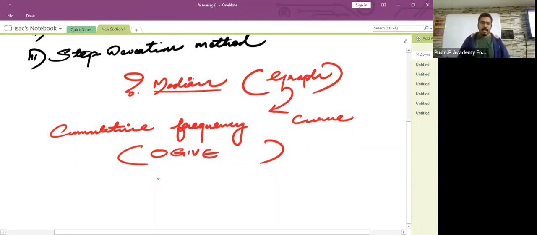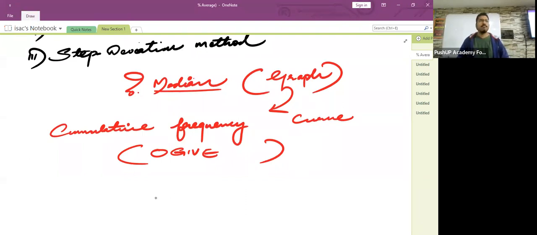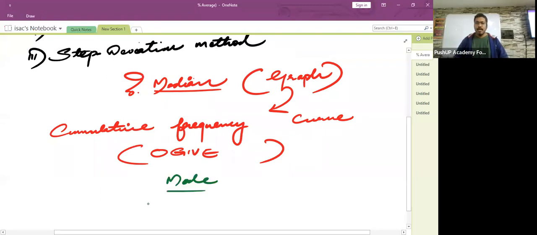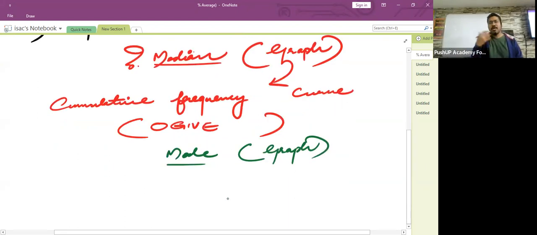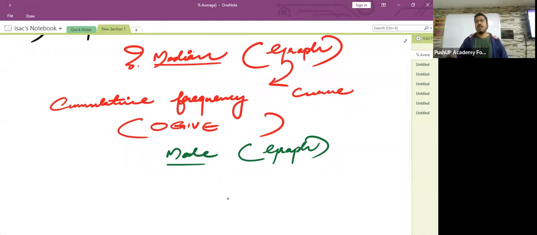And the third topic which you are going to learn in statistics is mode. Now, mode is also supposed to be solved by using a graph. So again, a question comes, what kind of graph do you have to draw so that you can find mode?